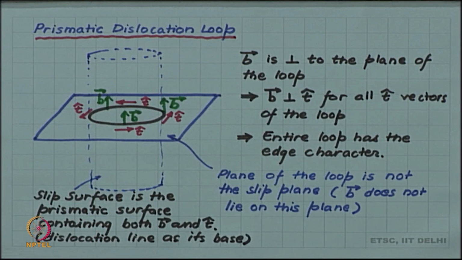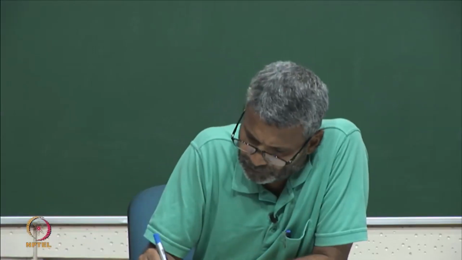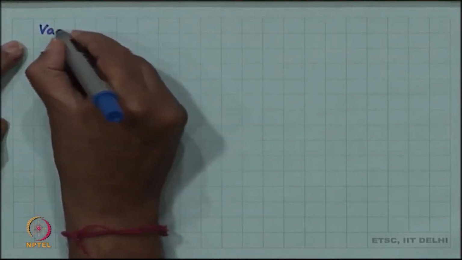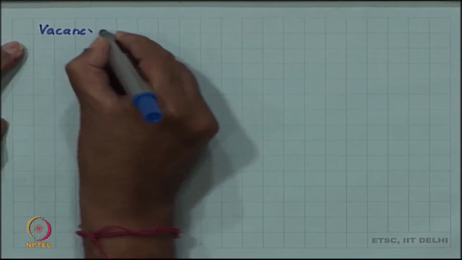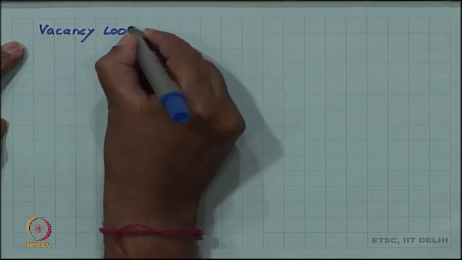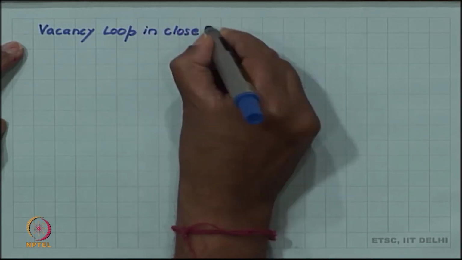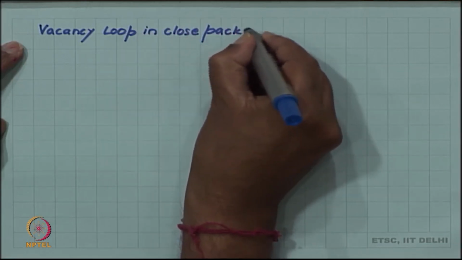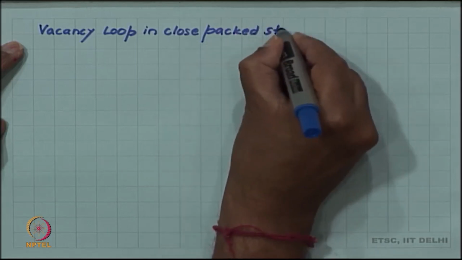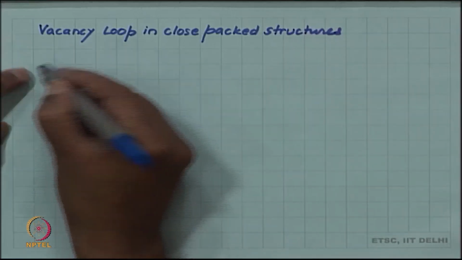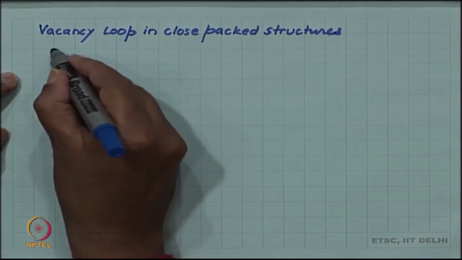Let us look at a physical situation where such a dislocation loop can occur. One situation where this can occur is a vacancy loop in close packed structures. So, suppose we have close packed planes.